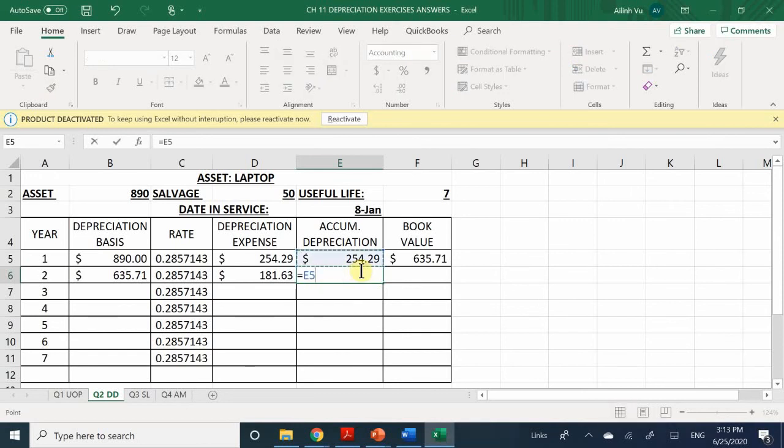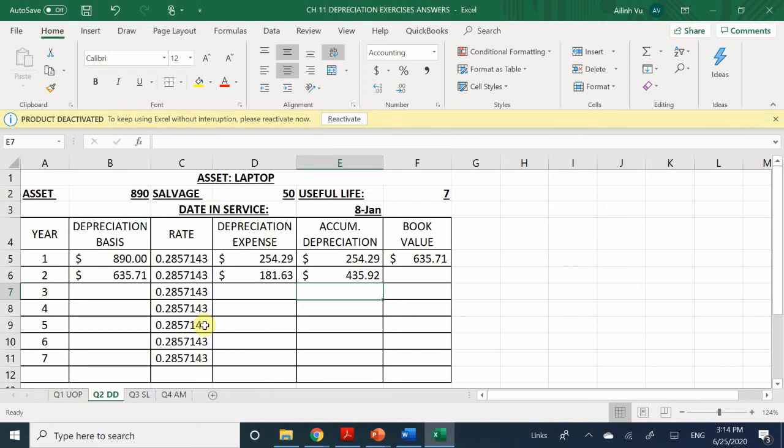Add that to the accumulated depreciation. Okay, and what should we get? 426.55. No, wait, hold on. I got 2 because 3 plus 9 is 12.